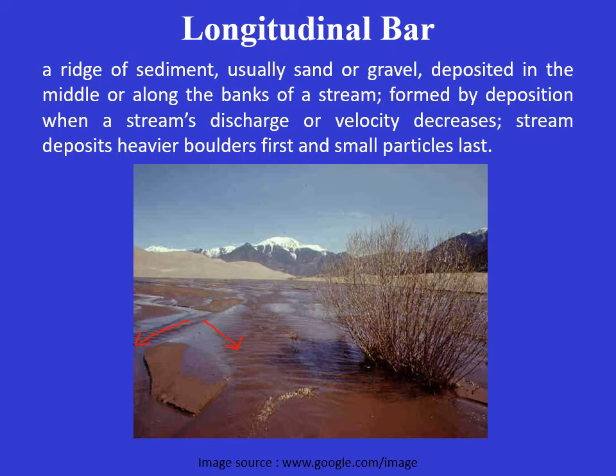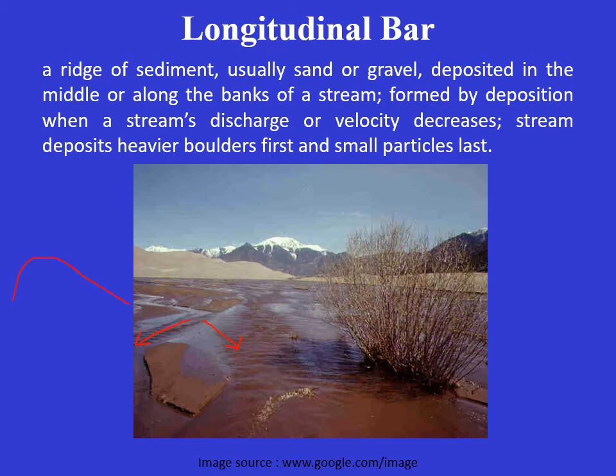If we look at the morphology of a longitudinal bar, the slope of the bar is steeper on the upstream side and very gentle on the downstream side. That means if you look at the cross profile of the longitudinal bar, it looks like this.